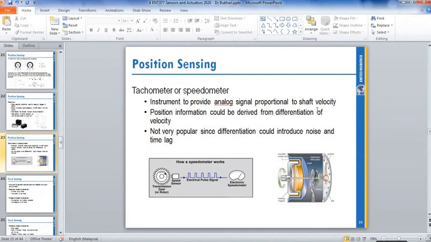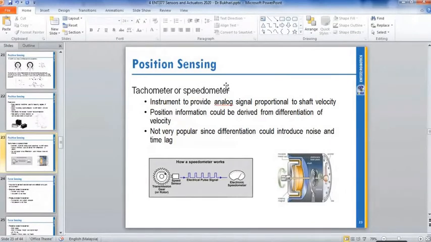You integrate your acceleration, you will get velocity. You integrate your velocity, you will get back your position. So after I learned this, I knew that we use integral and differential to find velocity, and also to find position.